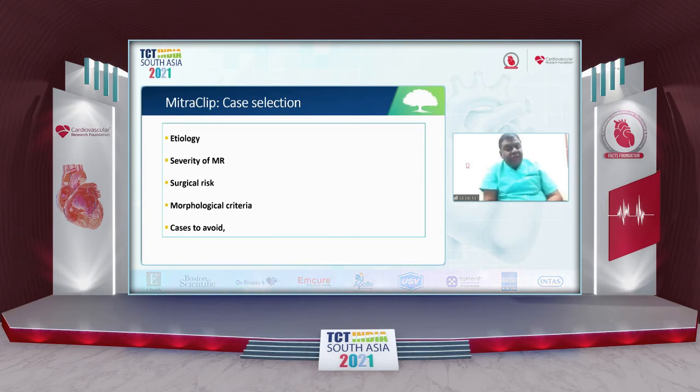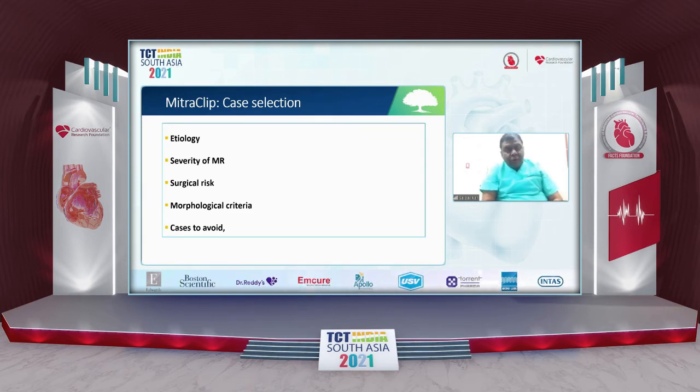Surgical risk is important because when you are seeing a patient, you have to assess the surgical risk of the patient. If the patient is low risk for surgery and is repairable by surgery, I still think surgical repair should be the option. If the patient is intermediate or high risk for surgery and the pathology is suitable, then you should consider it for a mitral clip. That's why the surgical risk is important.